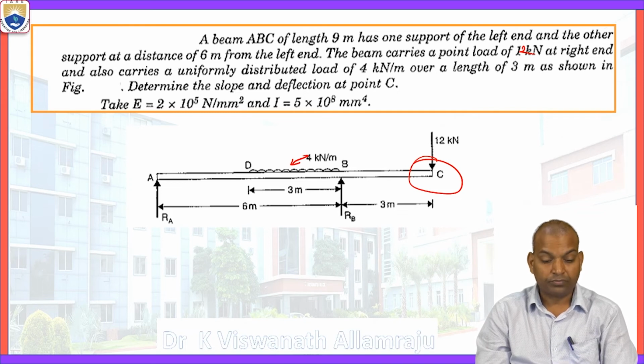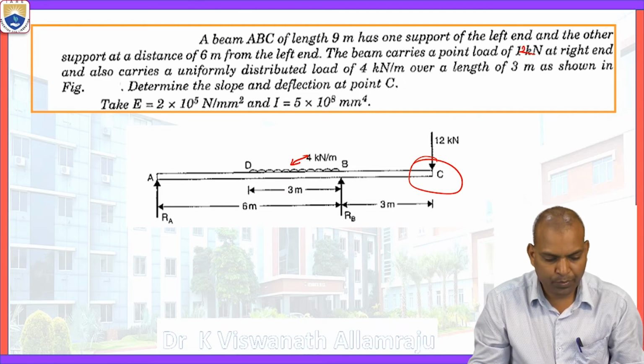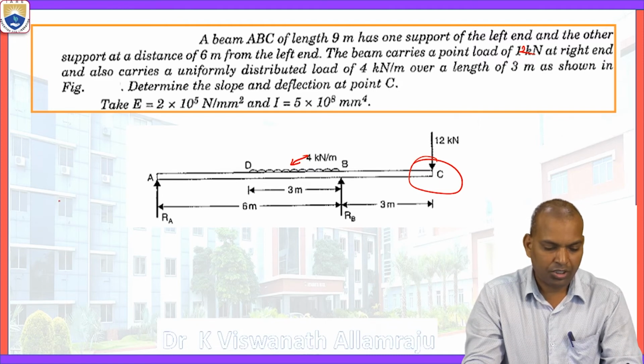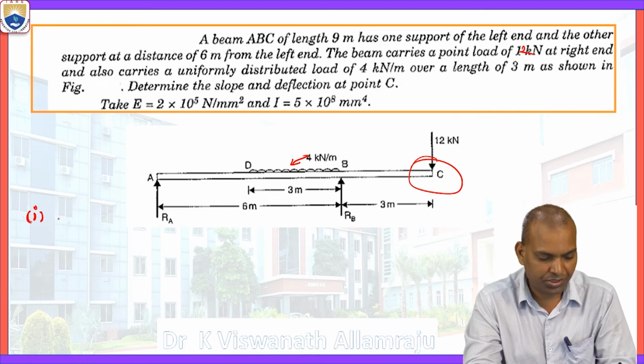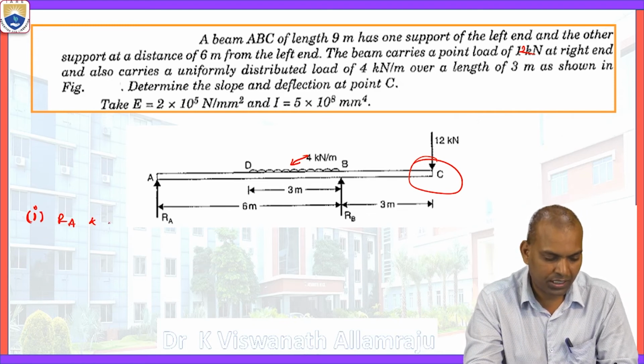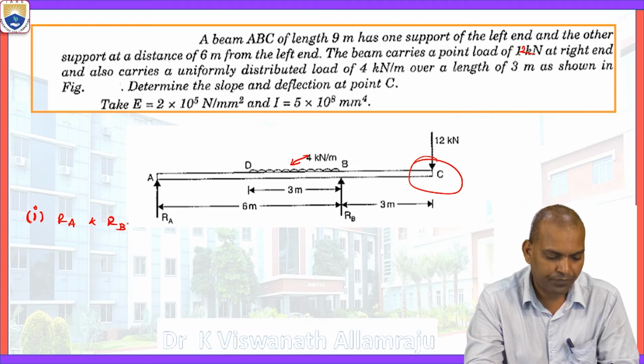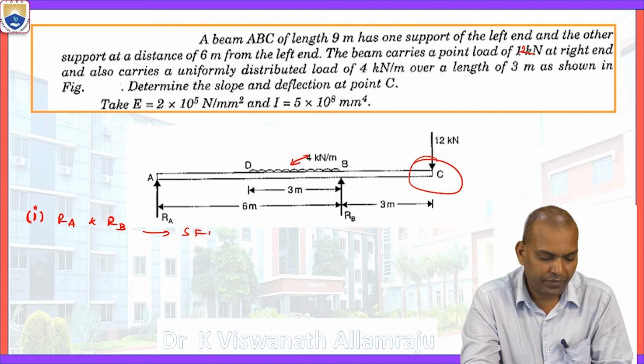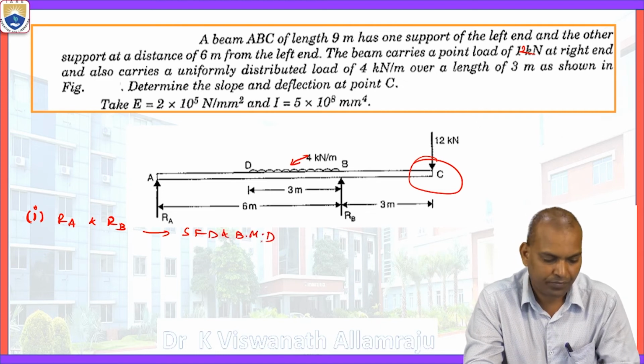Now, first of all, what is to be found? What is the first step while solving this type of problem? The first step is to calculate the reactions at the supports, here RA and RB, by using the concepts of SFD and BMD, shear force and bending moment diagrams.